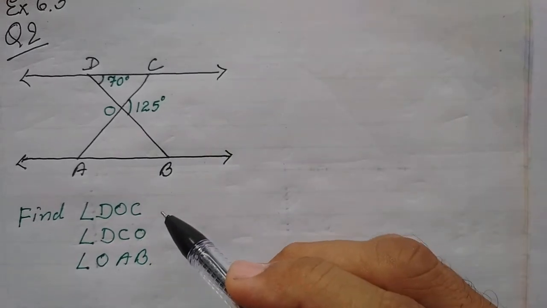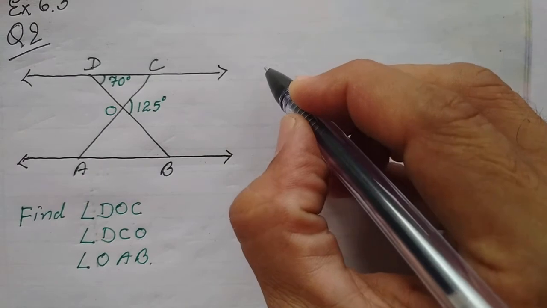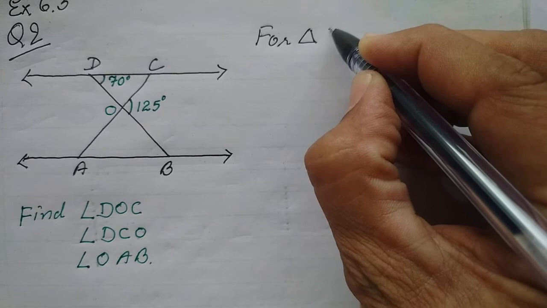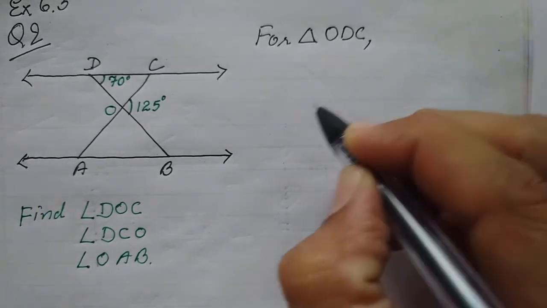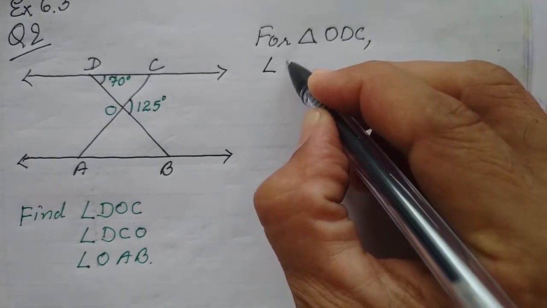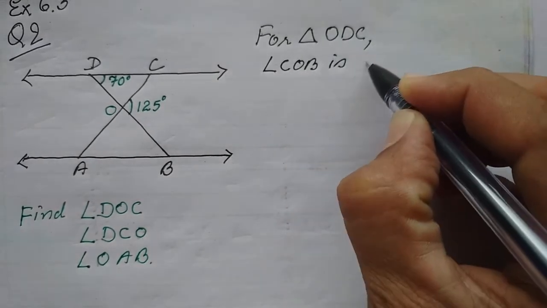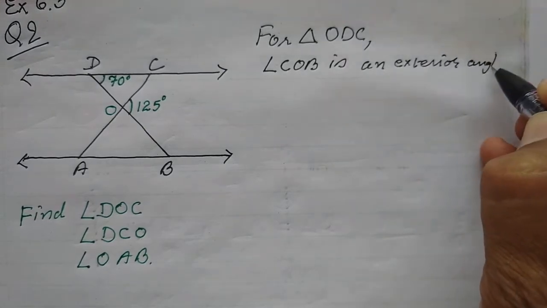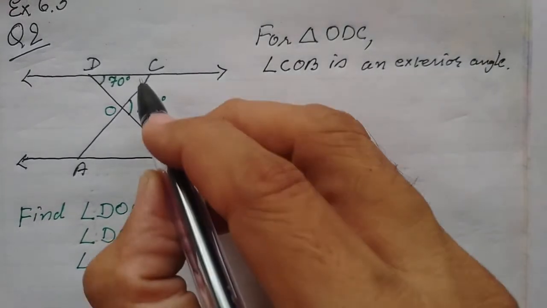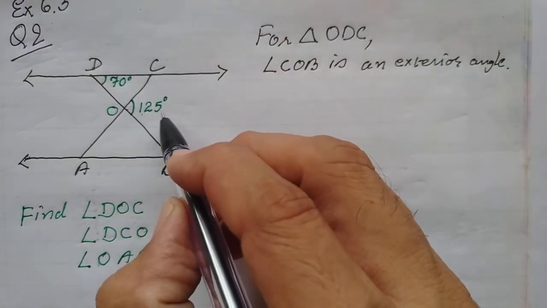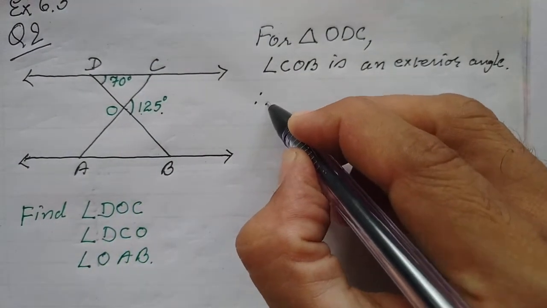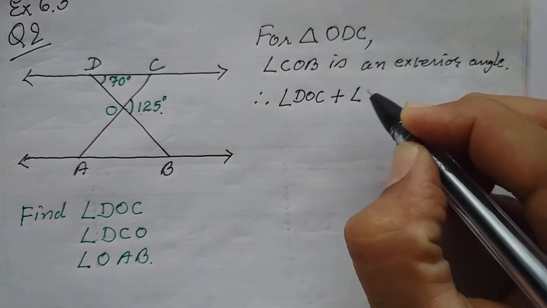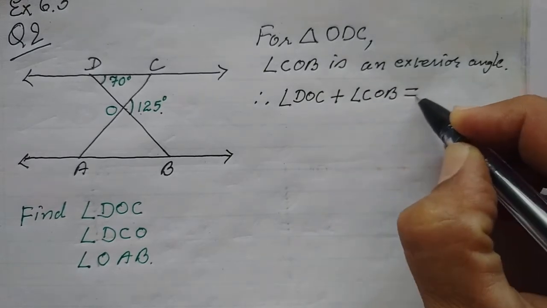Now say children, first, in triangle ODC, angle COB is an exterior angle. Is it? Children, COB is an exterior angle. So we know that angle DOC plus angle COB is equal to 180.